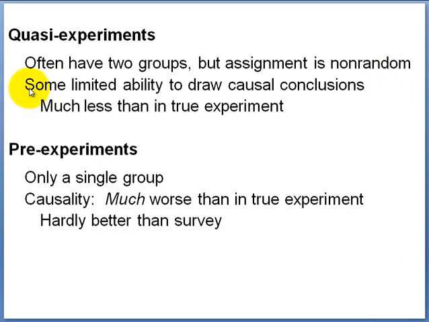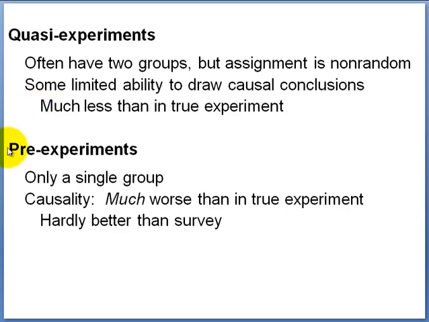Quasi-experiments very often have some limited ability for the researcher to be able to draw causal conclusions. But the degree of certainty or confidence that the researcher can have in the conclusions that she draws is much less the case than is so in a true experiment.